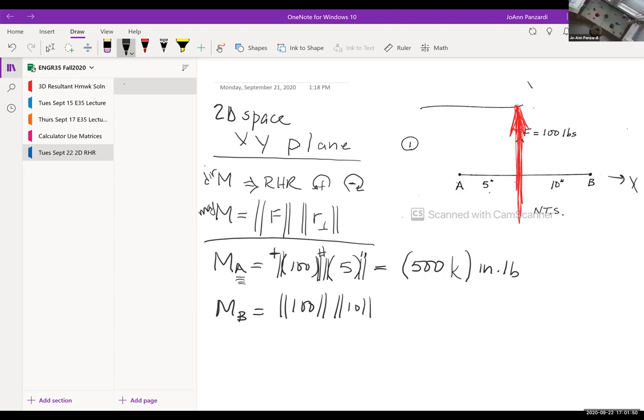And is it positive or negative? Fingers go in the direction of the force, palm goes towards B. Negative. Thank you. Sound sure of yourself.